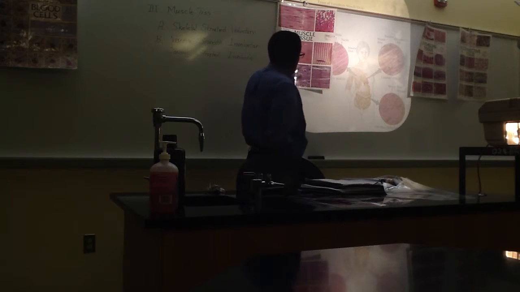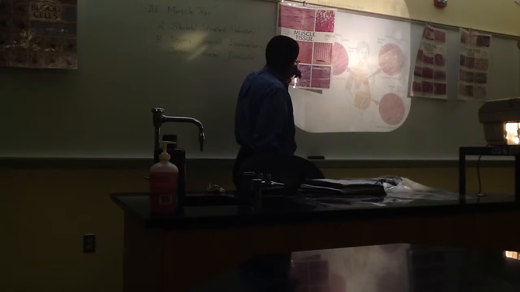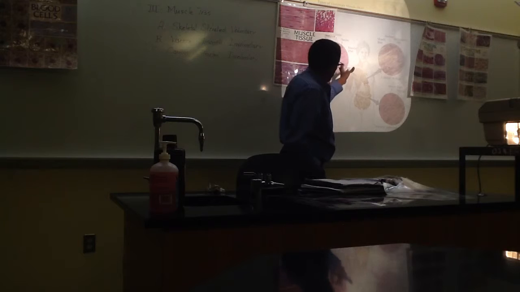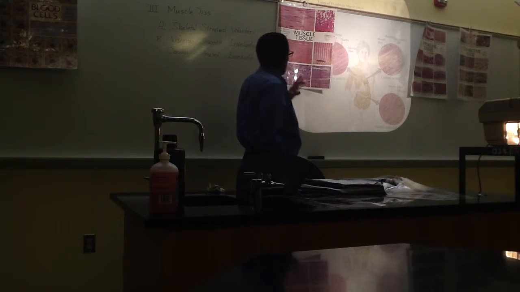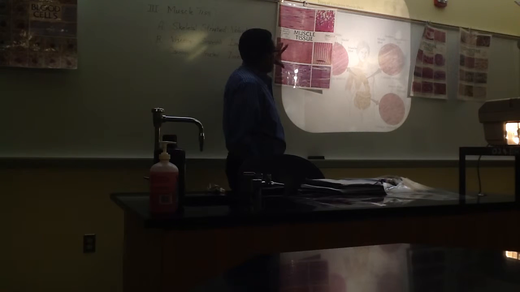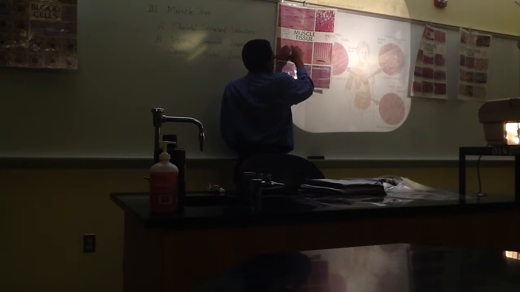Okay, let's start with skeletal muscle as a reference point. All right, here's the drawing. Two things will jump out at you about skeletal muscles: the striations, or the lines that you see, and the fact that skeletal muscles are multinucleated.